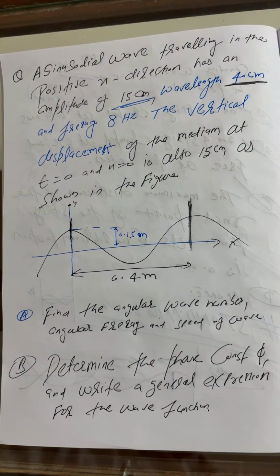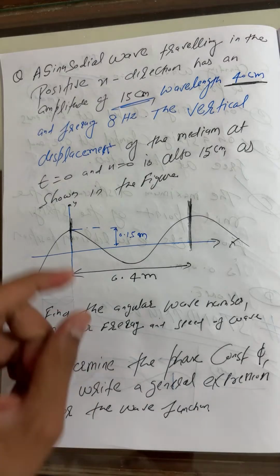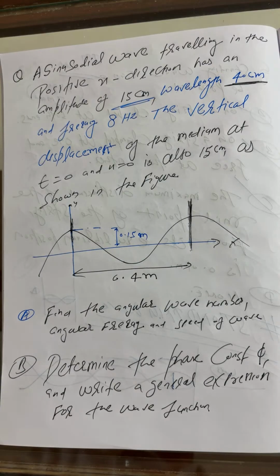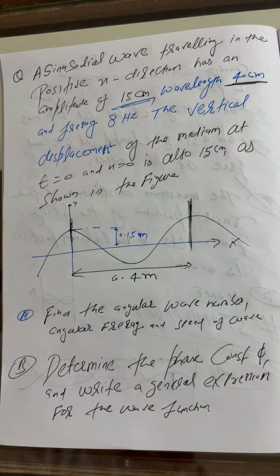The vertical displacement of the medium at t equals 0 and x equals 0 is also 15 centimeter, that is 0.15 meter, as shown in the figure. Find the angular wave number, frequency, and speed of wave. Second question, determine the phase constant phi and write the expression of the wave function. Easy, you can do it better.